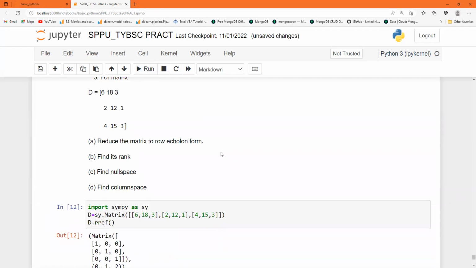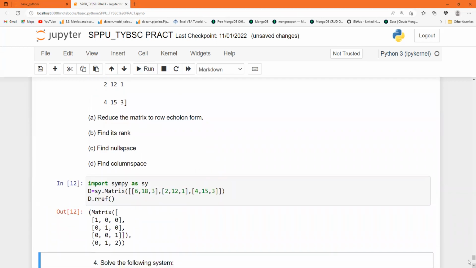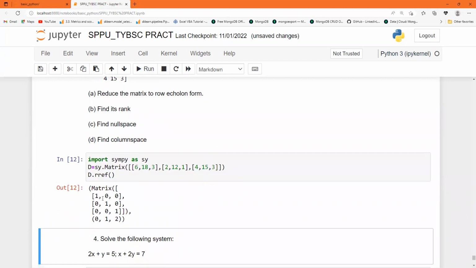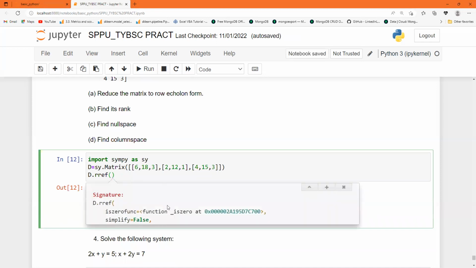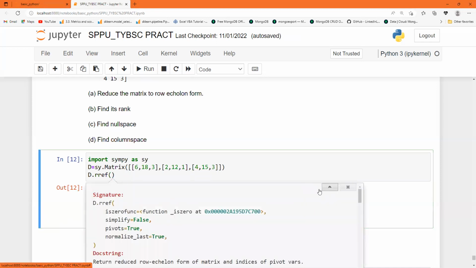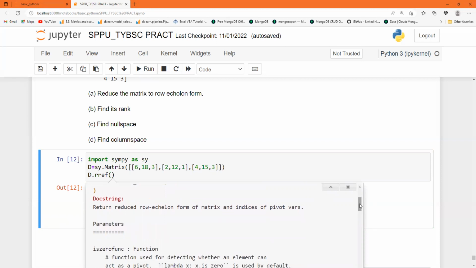We get this output, the reduced row echelon form 1 0 0, 0 1 0 and 0 0 1, that is the identity matrix, and it gives the pivot columns, 0, 1 and 2. If you want, you can check it. It returns the reduced row echelon form of the matrix and the indices of the pivot variables.